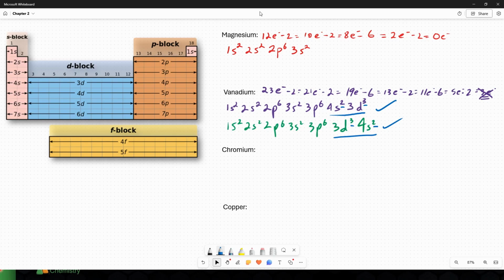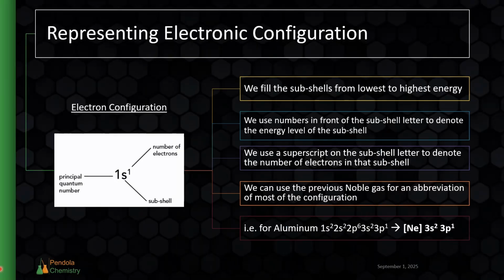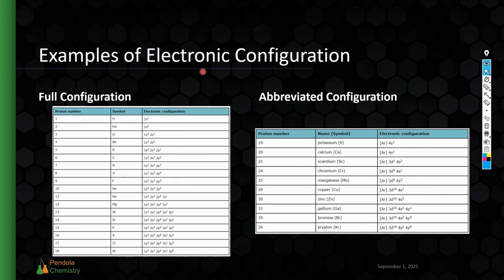All right, so let's go back to our PowerPoint. So we can look at a bunch of examples here. These are the first 18 elements and their electron configurations on the left side. So these are the full electron configurations.